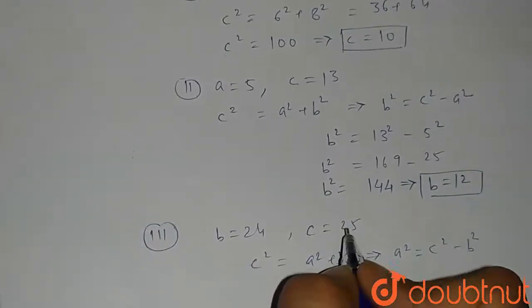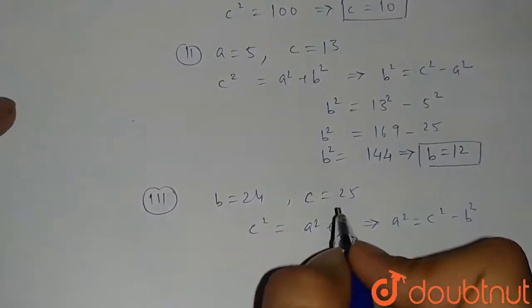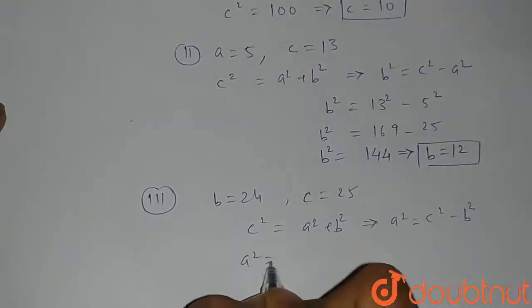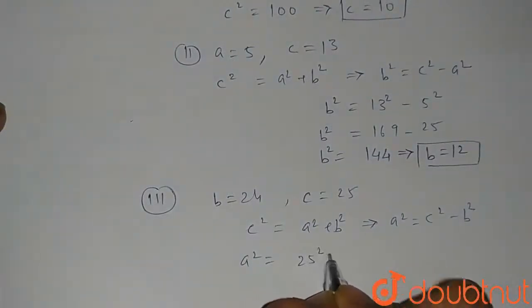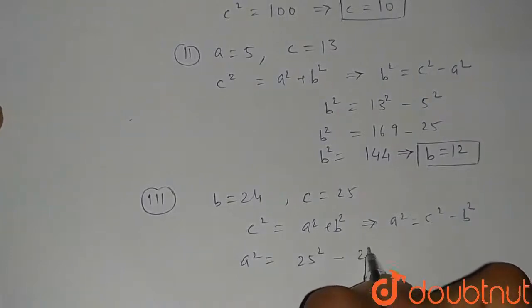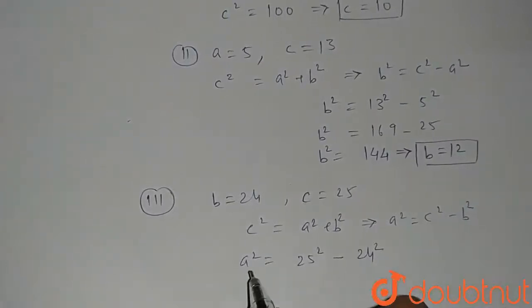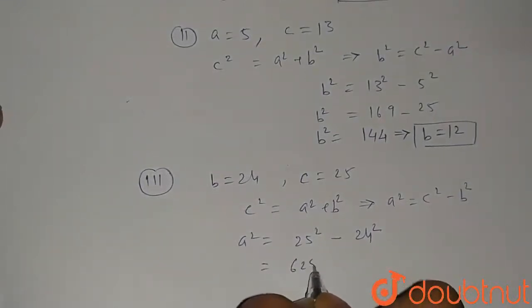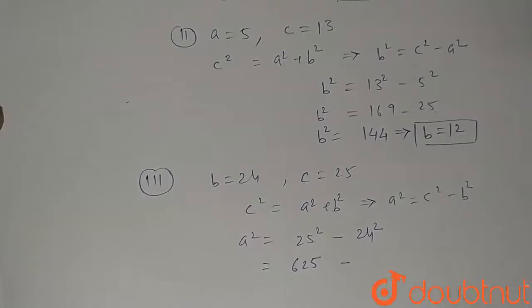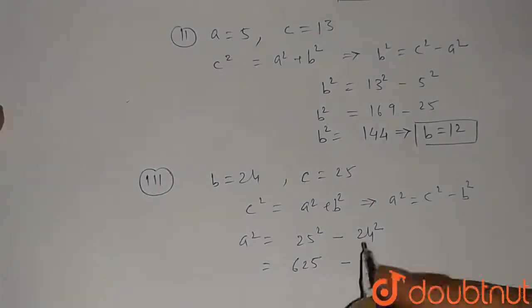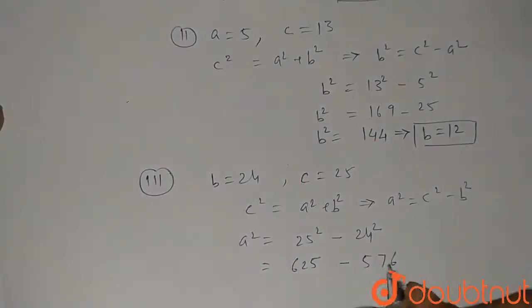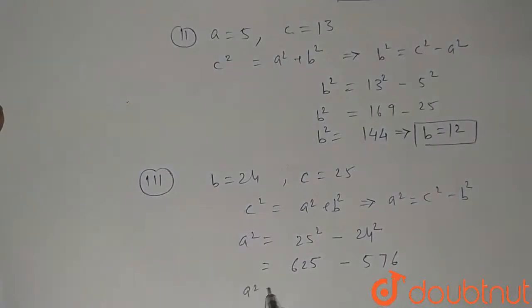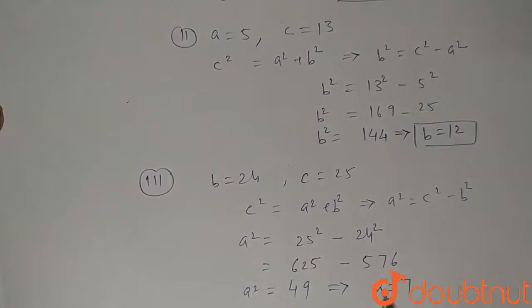Now substituting the values of C and B, we get A square is equal to 25 square minus 24 square. So this is equal to 625 minus 576. So we get A square as 49. This implies that A is equal to 7.